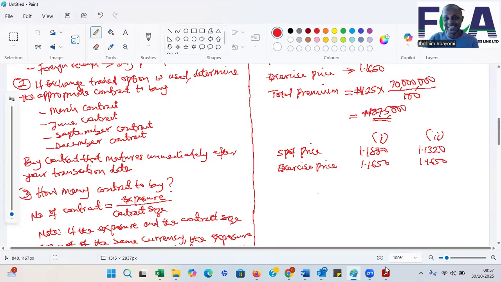So should I exercise my right? You ask yourself the question: should we exercise? I can buy at 1.165 and you are telling me to buy at 1.188.